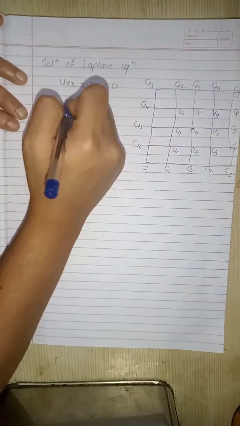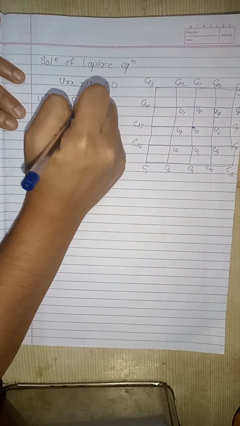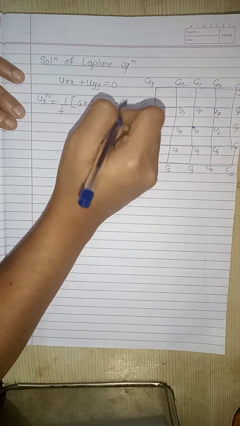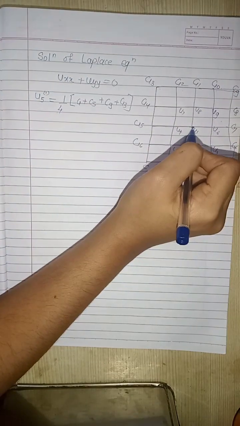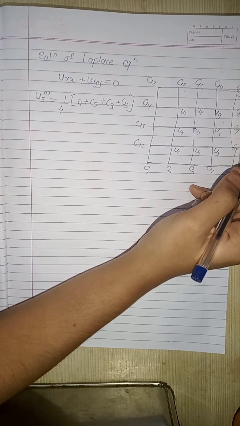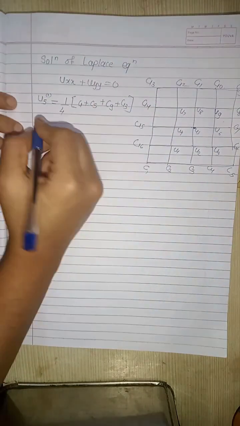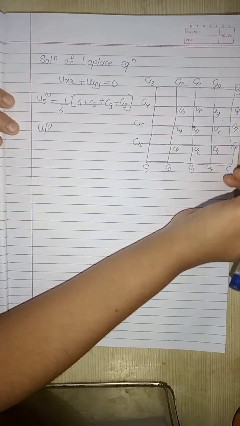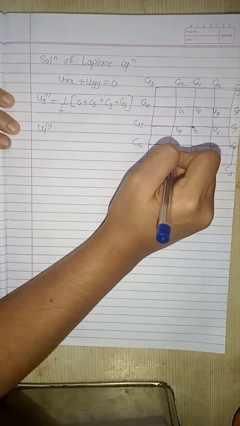So you'll get C1 plus C5 plus C9 plus C13. So if you consider the central point, you can take the four diagonal points which are at the extreme.